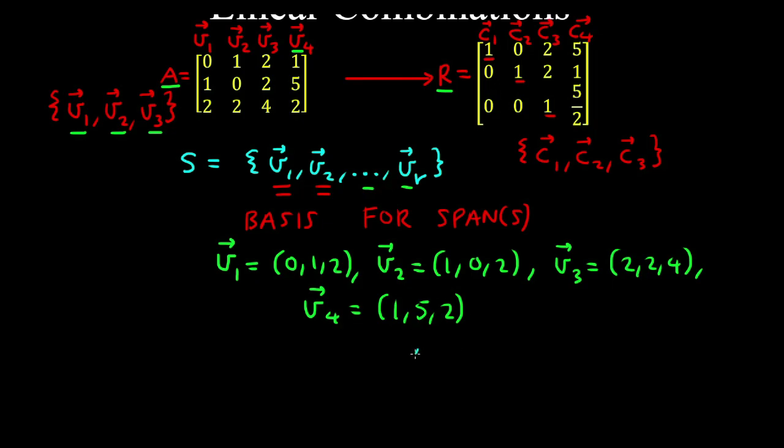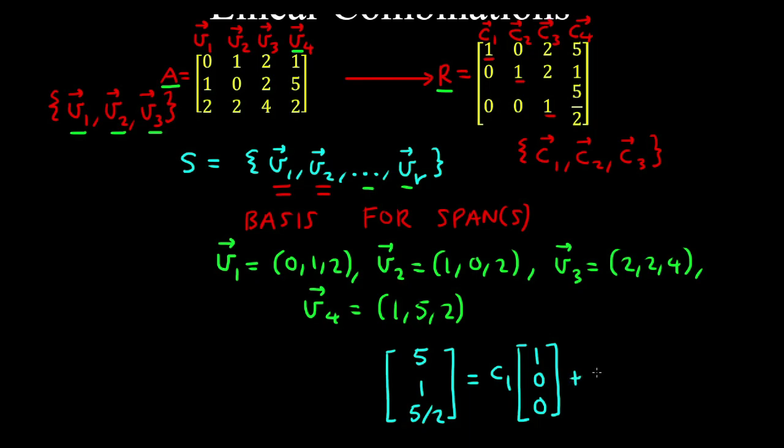So what we can write is column 4, having the components 5, 1 and 5 on 2, being equal to some constant by the first column vector plus another constant by the second column vector, and then plus a third constant by the third column vector.